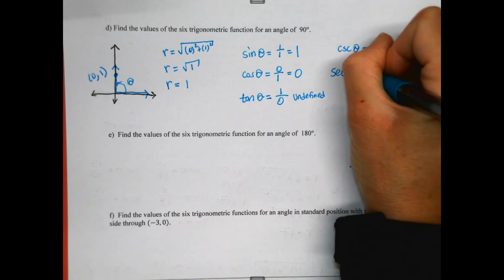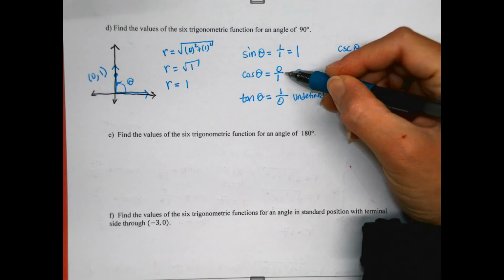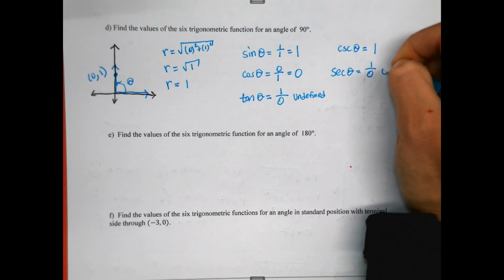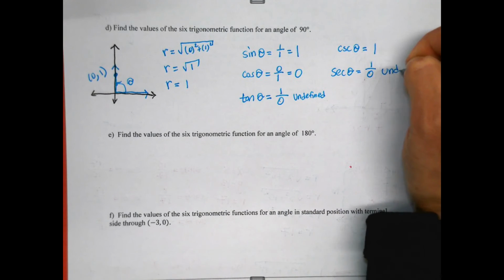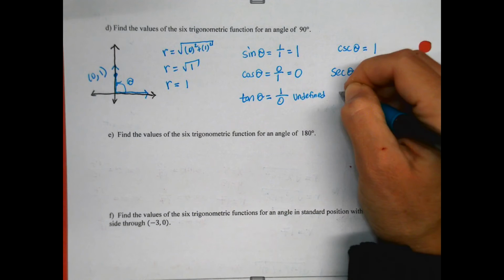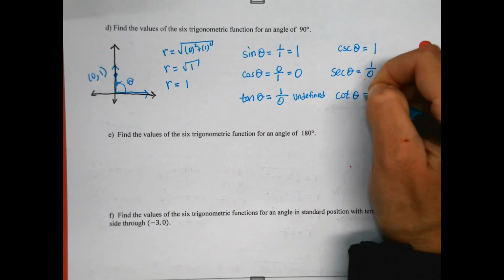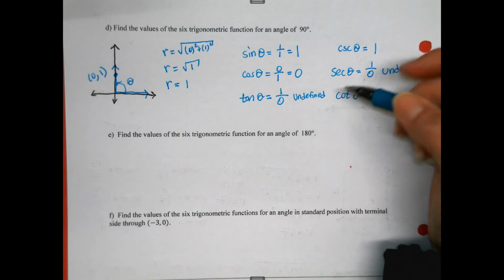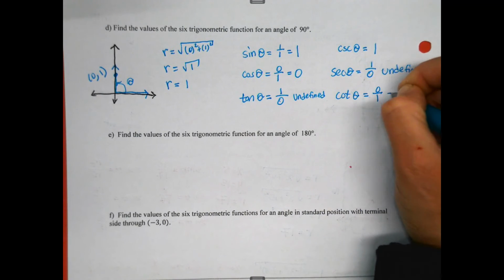Secant of theta is the reciprocal of 0 over 1, which gives us 1 over 0. Therefore, secant is also undefined. And cotangent of theta is equal to the reciprocal of tangent, or 0 over 1, which is 0.